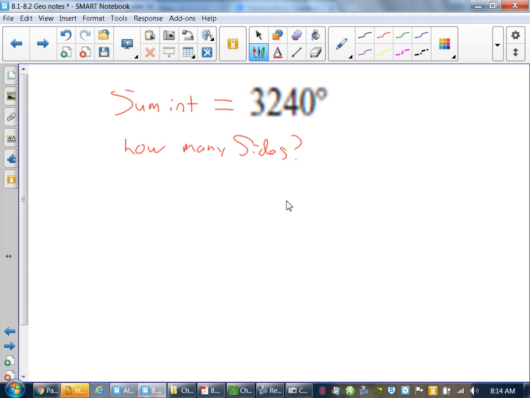Now what you have to start remembering is what formulas you have. I have the sum of the interior, the sum of the exterior, and each individual angle of a regular polygon. Well, I'm not working with exterior angles, so I can throw that one out. Am I working with a regular polygon here? No, I throw that one out. So what I have to do is fall back on n minus 2 times 180 has to equal 3240.